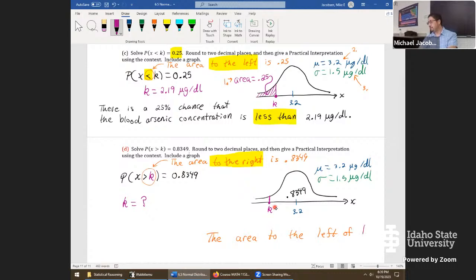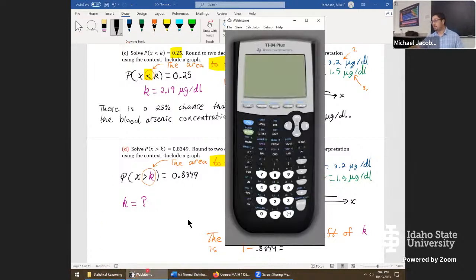The area to the left of K will be 1 minus the supplied area. And this is because the total area is always exactly 1. So 1 minus 0.8349. And this will be the area we actually used.